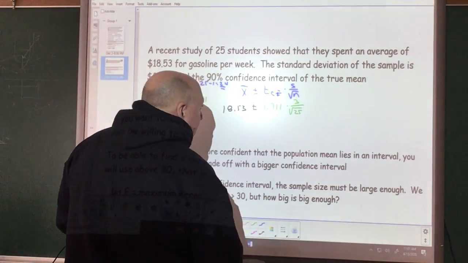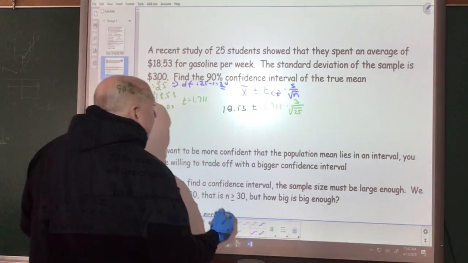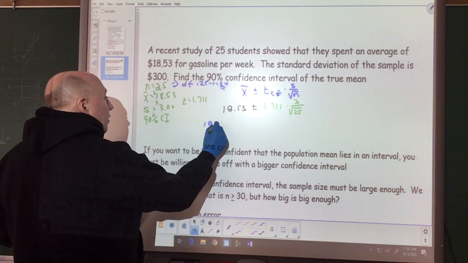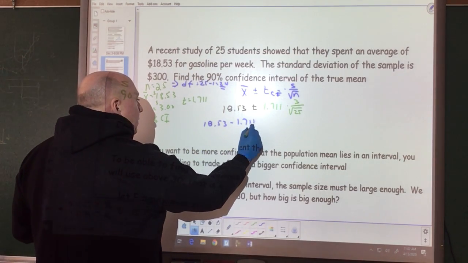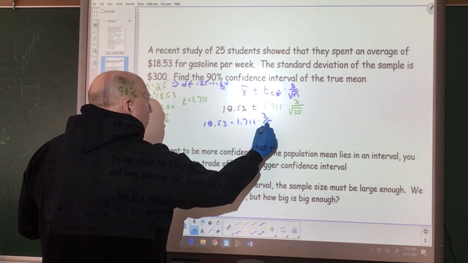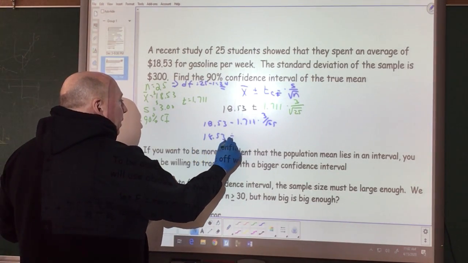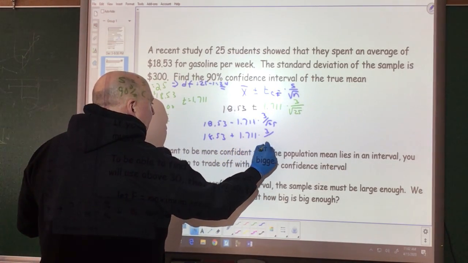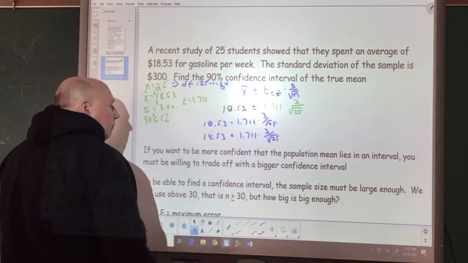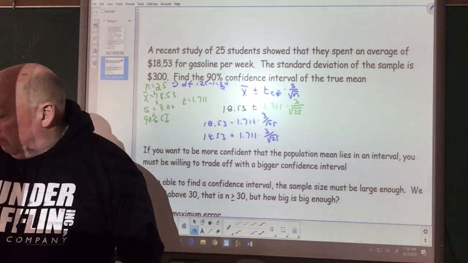Now it becomes a clickety-clack calculator exercise. I have 18.53 minus 1.711 times 3 divided by the square root of 25, and 18.53 plus 1.711 times the standard deviation over the square root of 25. So I can clickety-clack that through the calculator. Go ahead.